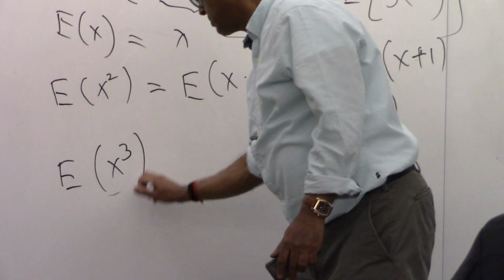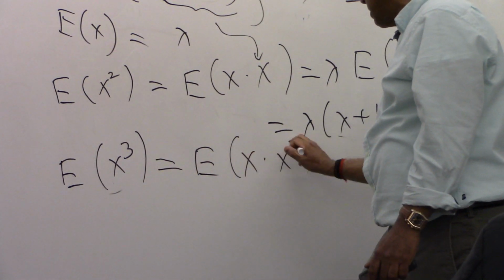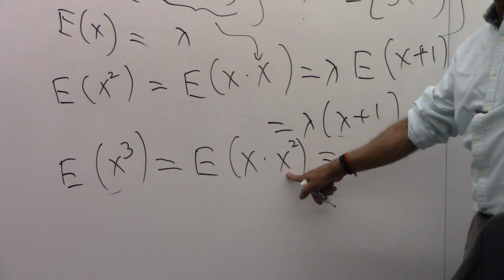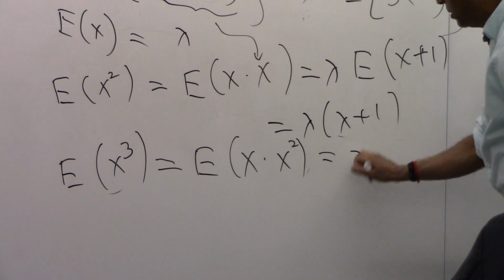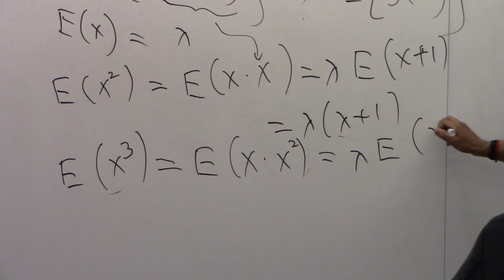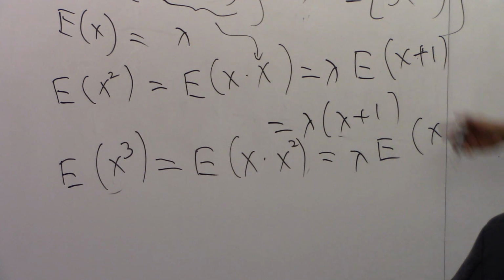So let's do the expected value of x cubed, then I'll stop there. I can write it as the expected value of x multiplied by x squared. So g of x is x squared. So this is lambda multiplied by the expected value of g of x plus 1, which is x plus 1 squared.